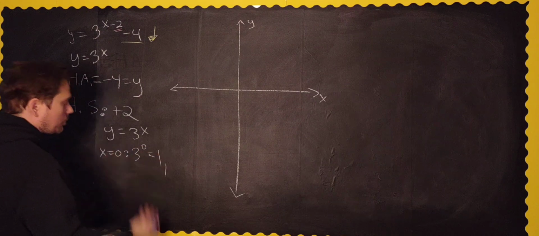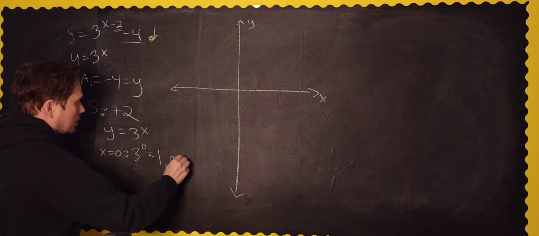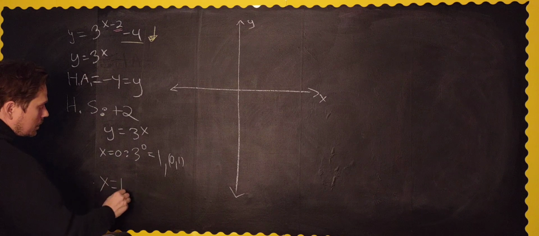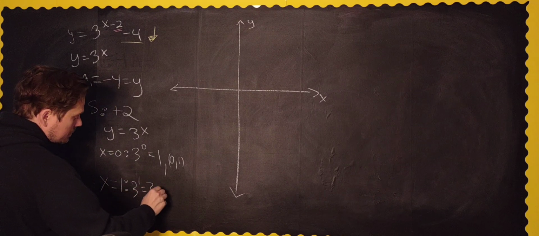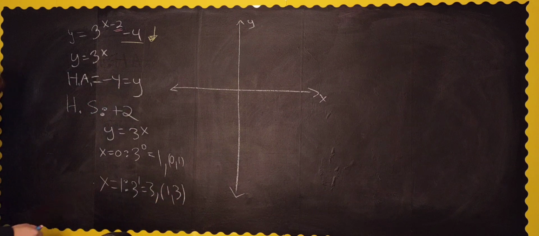That gives us the point 0, comma 1. And when x is 1, we have 3 to the first, which is 3. So we have the point 1, comma 3.